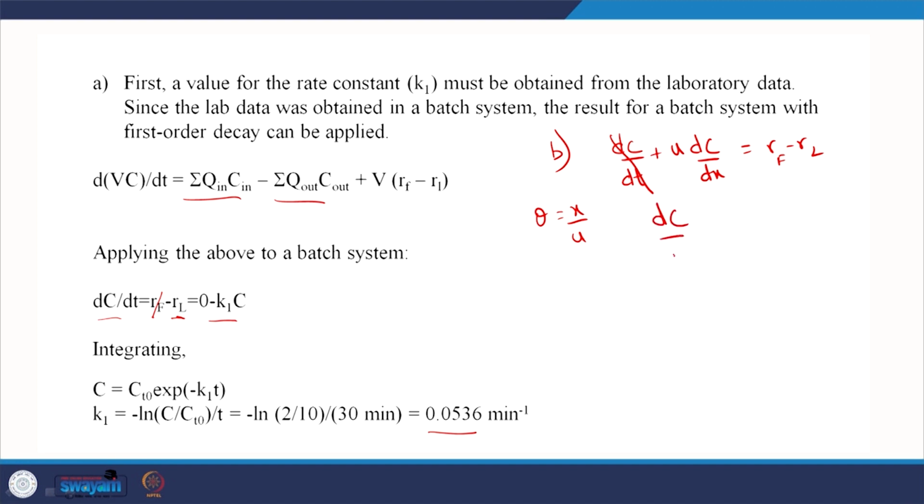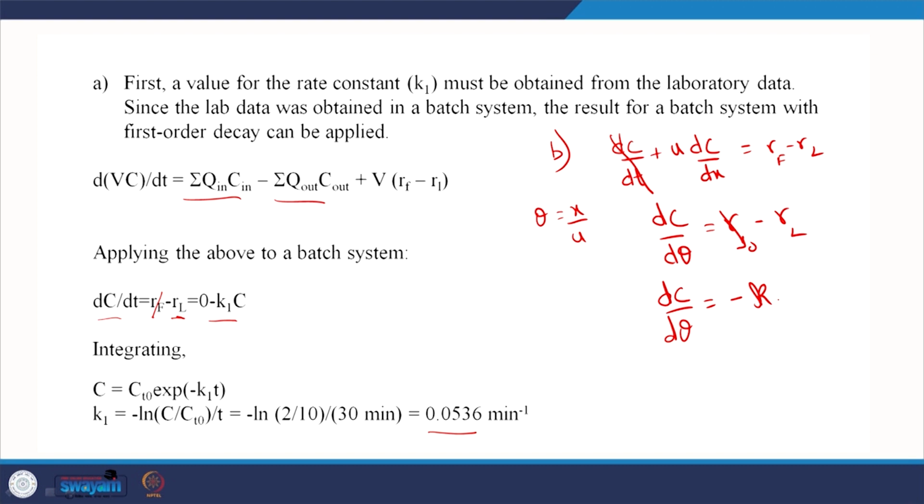So, dC by d theta is equal to rate of formation, which is again 0, minus rate of loss. So, dC by d theta is equal to minus k, which you already calculated in the initial cases.